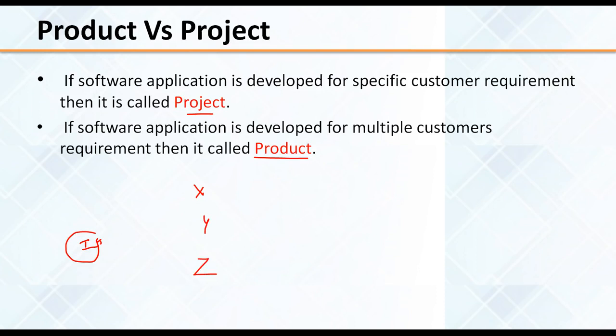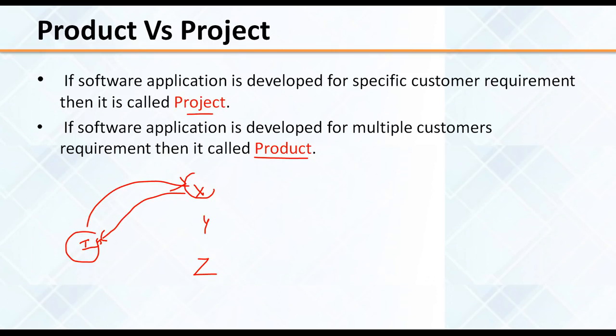Suppose bank X approaches the company and the company decides to develop software for this particular bank. That is called a project. They take up that project, complete it within the timeline, and deliver the software to customer X. That is done.